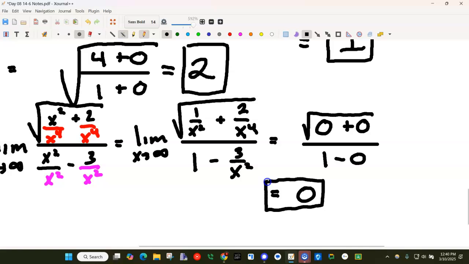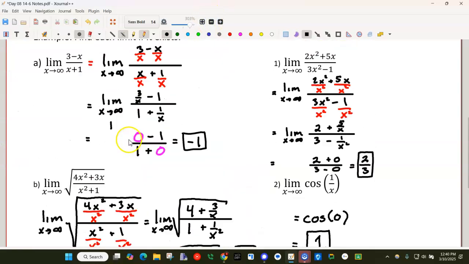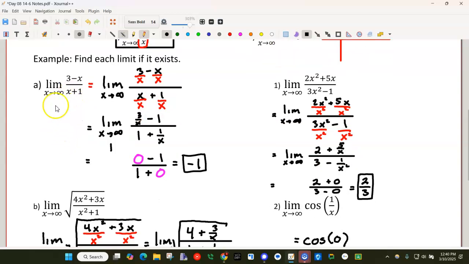So you notice, looking at the original question for all these, if I go back and look at the beginning, you might have looked at this one and say, well, if I wrote this as negative x plus 3 instead of x minus 3 and just reverse those, and then the top here is just x plus 1, when you're dealing with infinity, you might say, well, negative infinity plus 3, that plus 3 really doesn't change negative infinity. Same thing here.